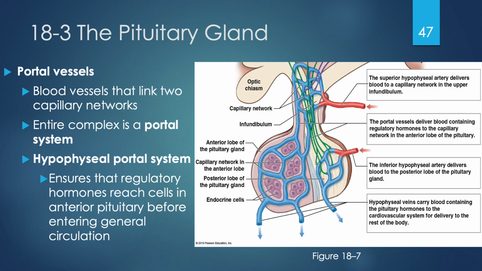During that time, they could be disengaged in any number of ways, so they're unable to do what they're supposed to do, and therefore not affect the adenohypophysis effectively. So this hypophyseal portal system ensures that the hypothalamic hormones are able to affect the adenohypophysis and the neurohypophysis effectively.